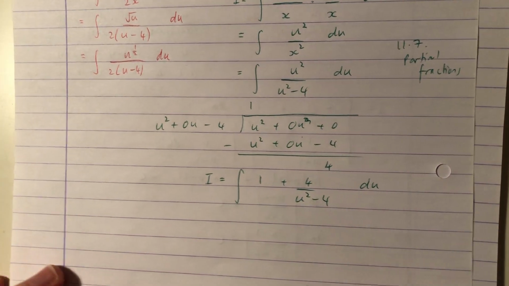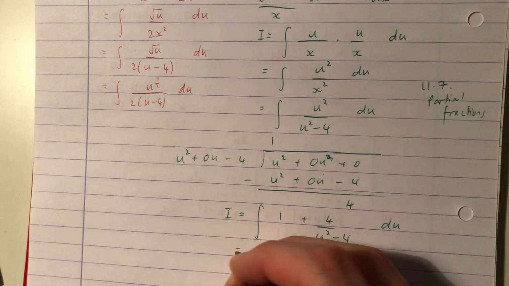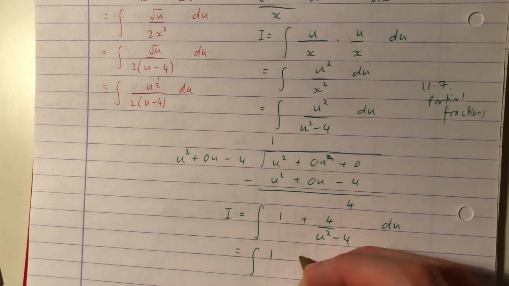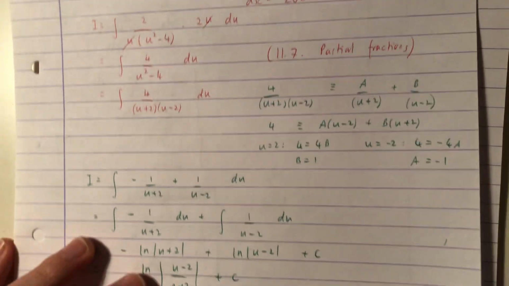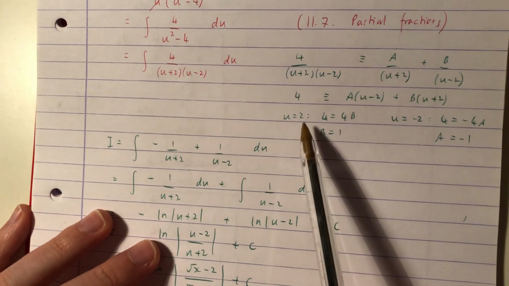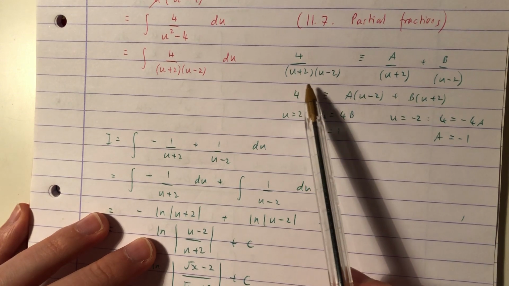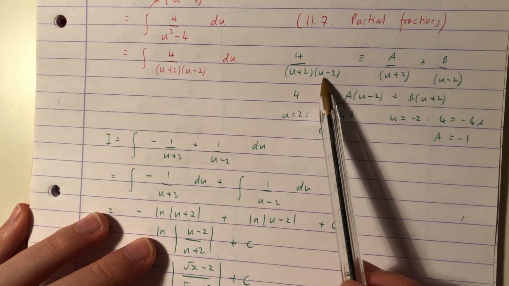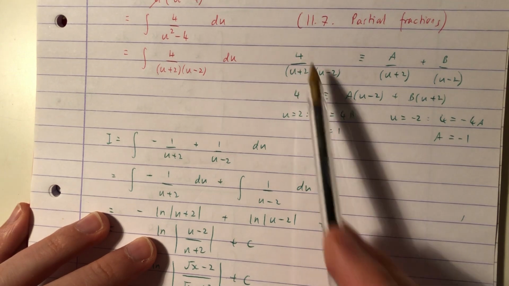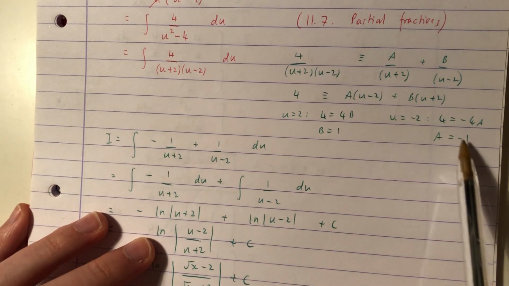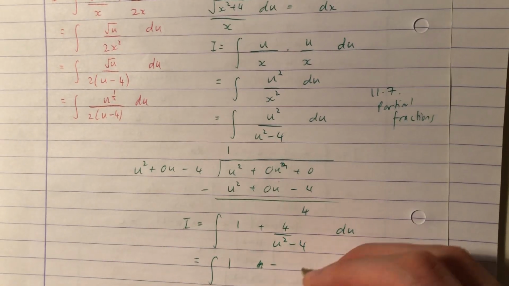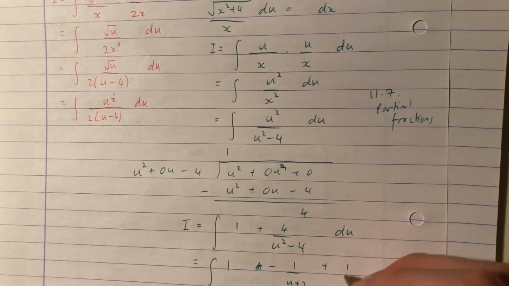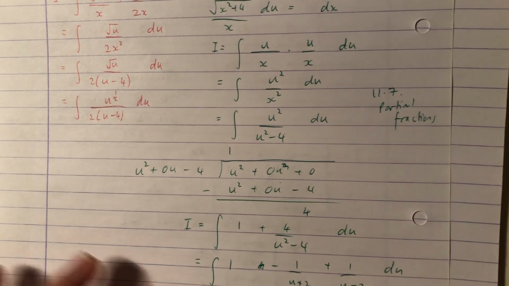So we have to use partial fractions again. So it's integrating 1 plus, if you remember the partial fractions from before, 4 over u squared minus 4, what we've got, we had A would be minus 1, B would be plus 1. So minus 1 over u plus 2, plus 1 over u minus 2, du.